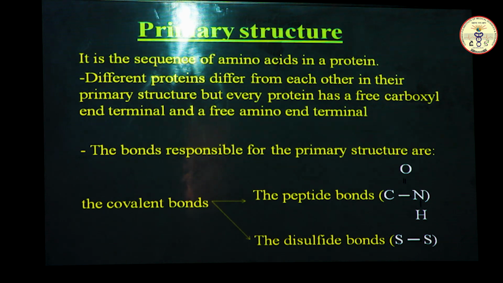The bonds responsible, as we have already seen, are the covalent bonds. These can be the peptide bonds formed between the carboxyl group of one amino acid and the amino group of another amino acid, and the disulfide linkages or bonds formed between two cysteine residues.